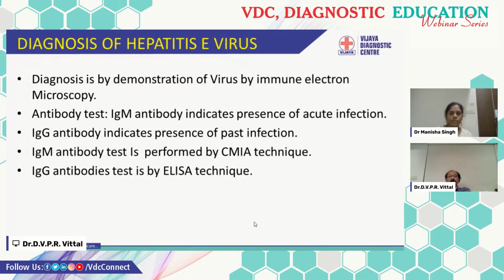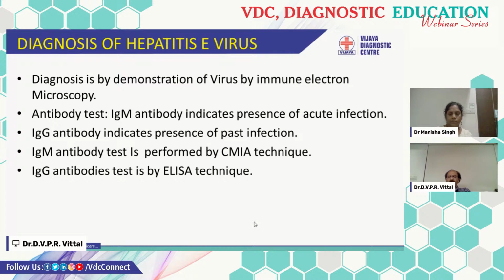Again, as is seen with hepatitis A virus, the diagnosis is performed either by demonstration of the viral particle by immunoelectron microscopy, which is a tedious and difficult procedure, or by antibody testing of the blood of the patient.